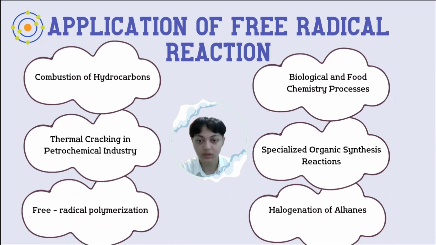For specialized organic synthesis reactions, the Hunsdiecker reaction converts carboxylic acids to alkyl halides with one fewer carbon via radical intermediates. Kharasch addition is a free radical addition to alkenes used to introduce a specific substituent, for example a trichloromethyl group.